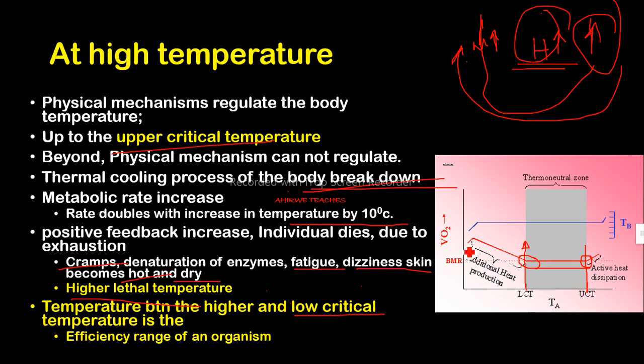And when you live in such a range, you won't see yourself sweating. It's okay. You won't see yourself shivering. You won't see yourself forming goosebumps. Generally, life would be good. I think like right now. Are you sweating? Are you putting on sweaters? So that is the efficient range of an organism.